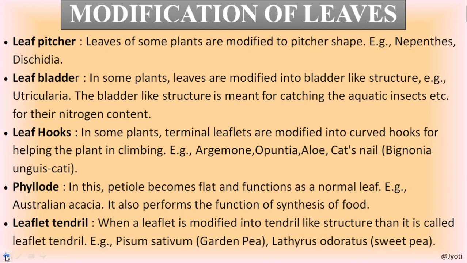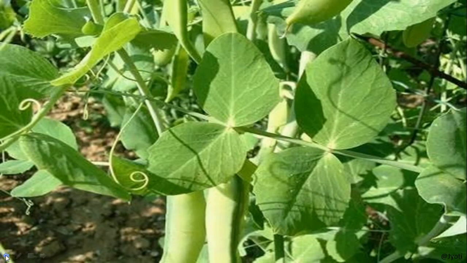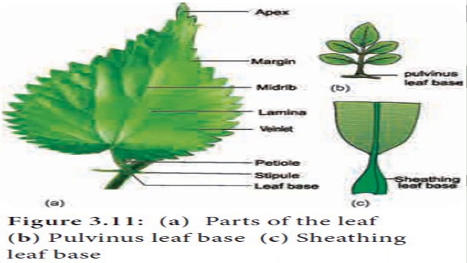This is seen in the case of garden pea. Let me show you the picture. Here you can see this is a compound leaf and these are the leaflets, and this is the terminal leaflet. The terminal leaflets are modified into tendrils. So this is leaflet tendril, which helps the plant to climb up the support. So these are the modifications of the leaf.